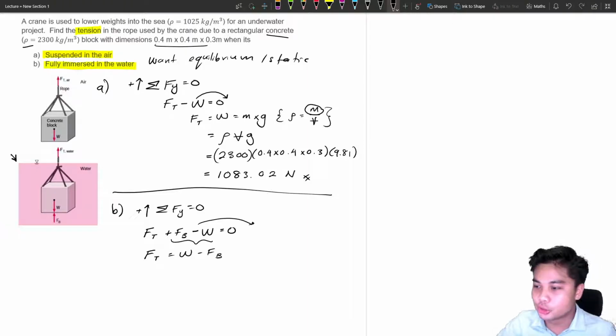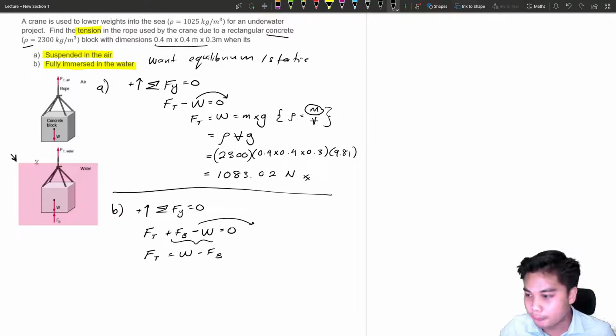What is the weight here? The weight of the concrete block is the same as this one. Just put in this value, 1083.02, minus the buoyancy force. So you need to calculate the buoyancy force.